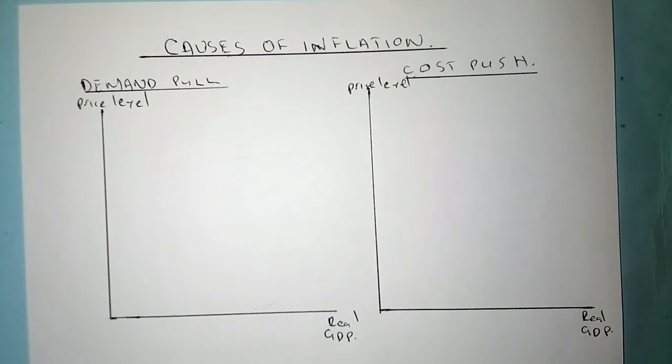We have the first cause of inflation, which is demand pull inflation, which is caused when aggregate demand shifts to the right. So how do you show that diagrammatically?